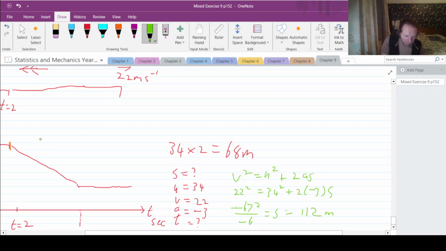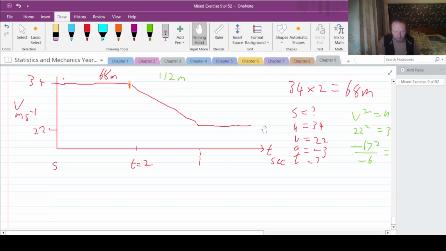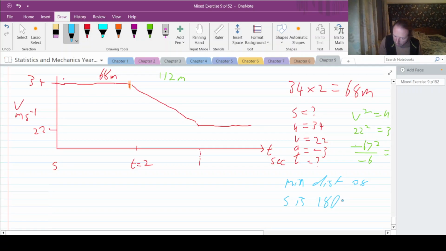So the bit between here and here is 112 meters, plus the 68 gives 180 meters. So the minimum distance of S is 180 meters, because we've added those two together.